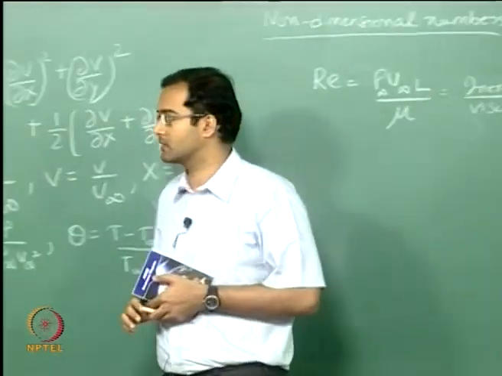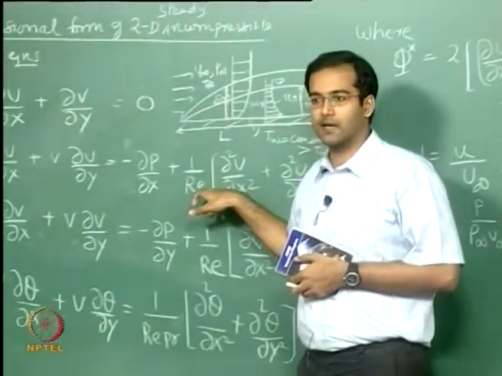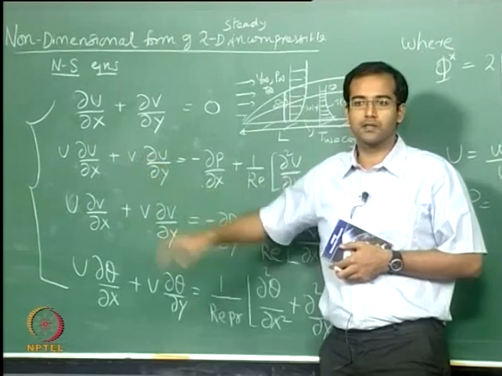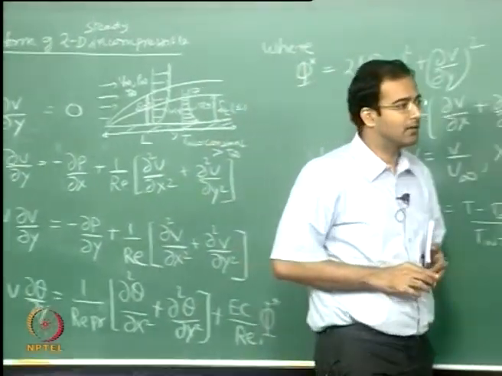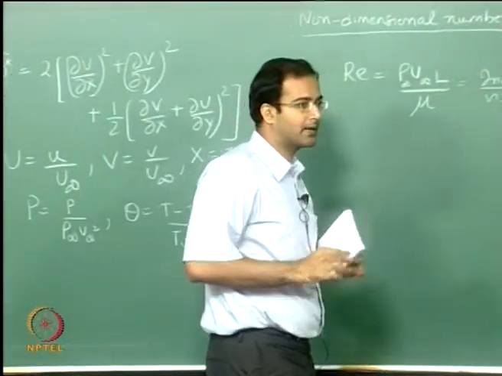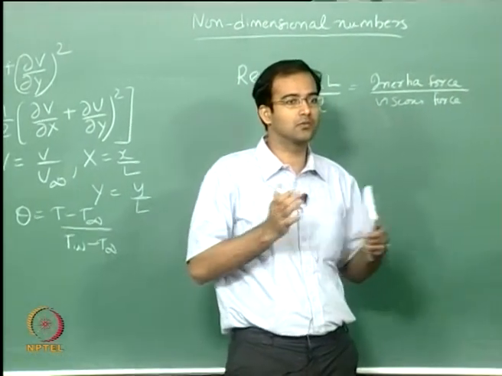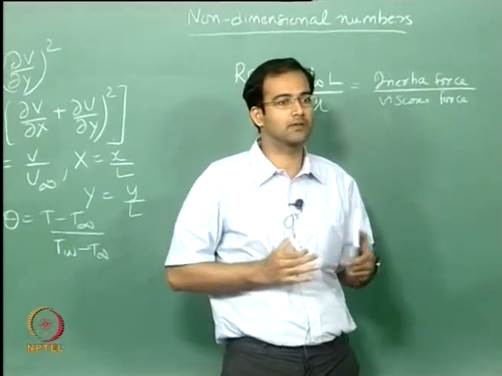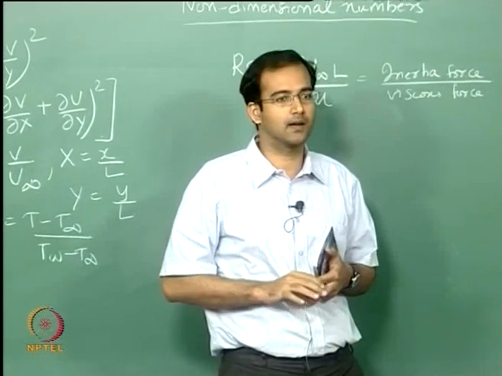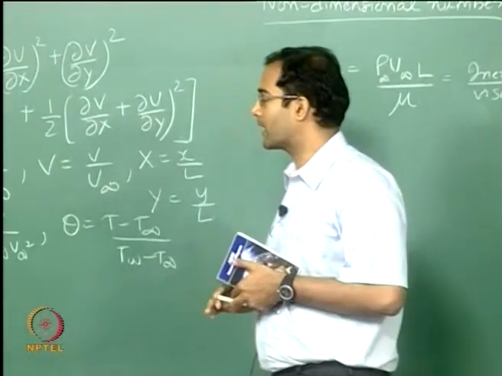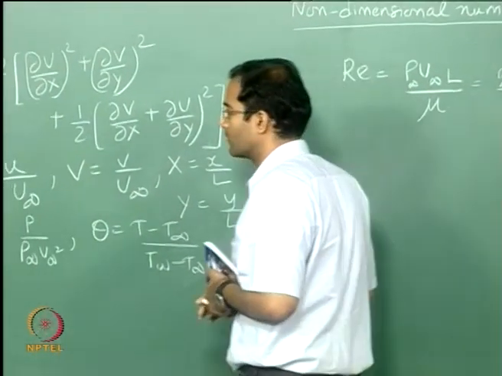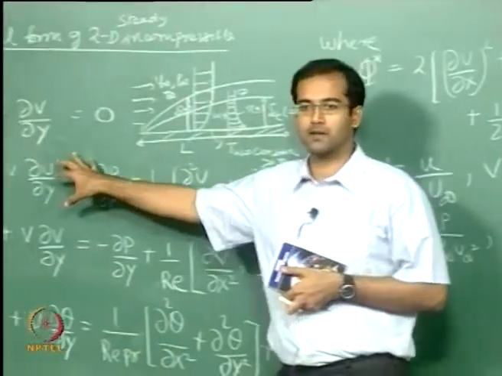At very high Reynolds numbers, you can neglect the diffusion terms compared to the inertial terms. Of course, you want to operate in a regime where you are not too extreme, not going towards very small or very high Reynolds numbers. In those practical situations, both these terms are important.